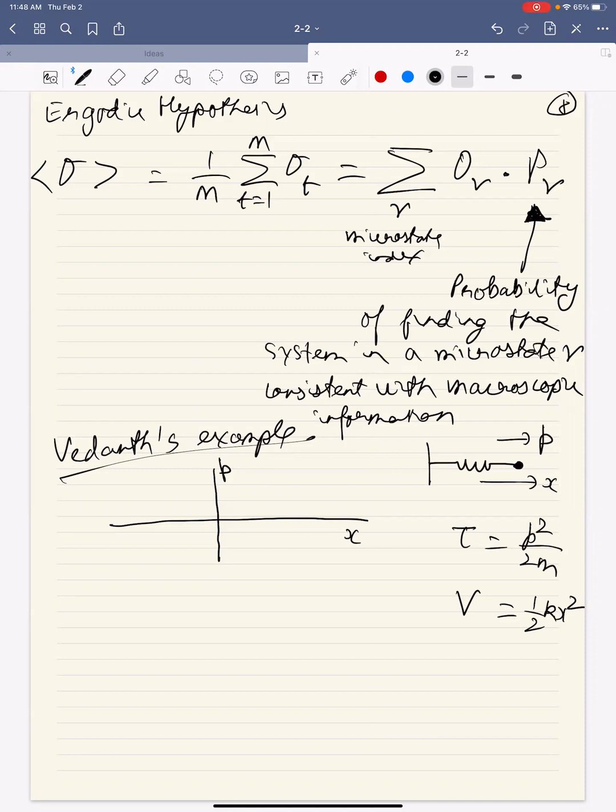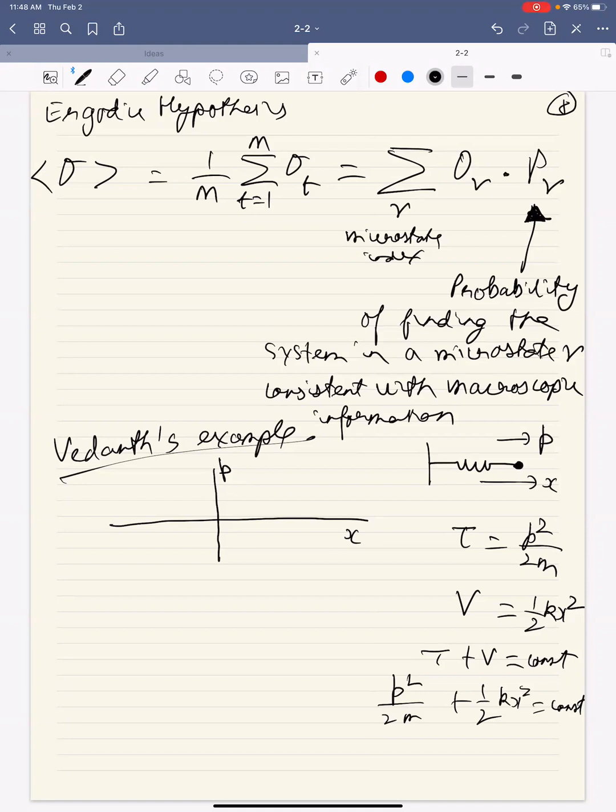There is nothing else going on. There is no friction, there is nothing. So T plus V is equal to constant. That is P square by 2m plus half kx square is equal to constant. How would this curve look in my phase space? What is this an equation of? Ellipse, right?